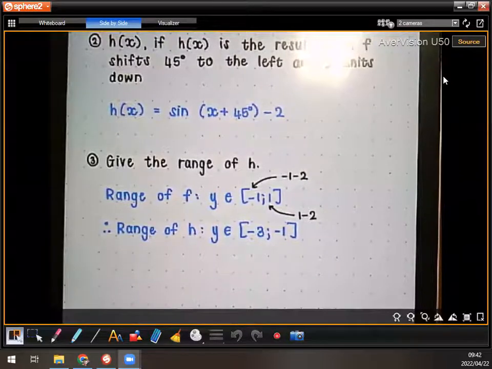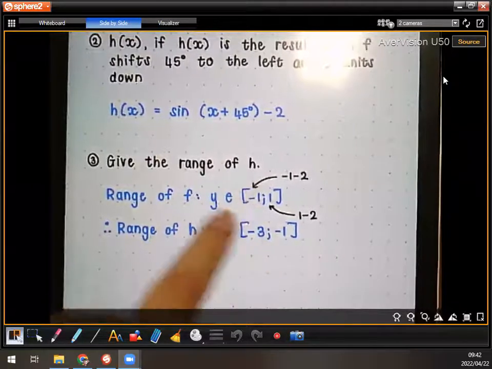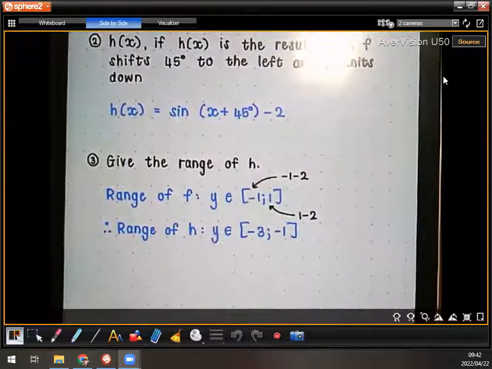If you were moving up by 3, you would add 3 to both of your original range values. Whatever you're shifting up or down by, you just add or subtract from your original range.